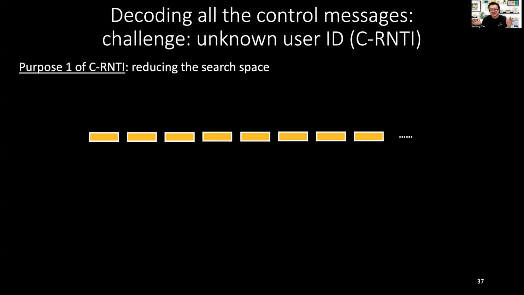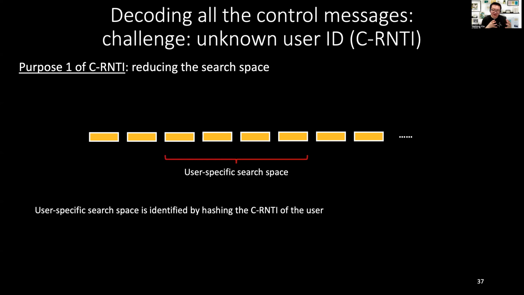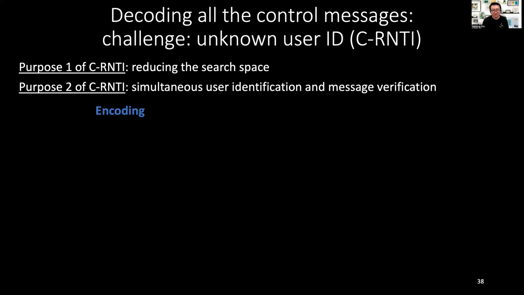We have so many CCEs that may contain the message, but the user will perform a hash function on the C-RNTI to find its own search space, which is smaller than the total number of CCEs. The details about the hash function can be found in the standard.